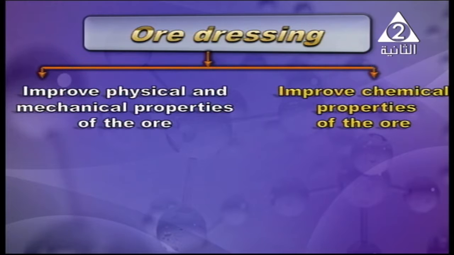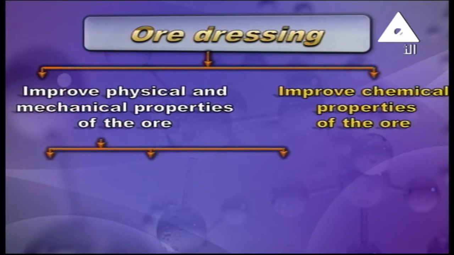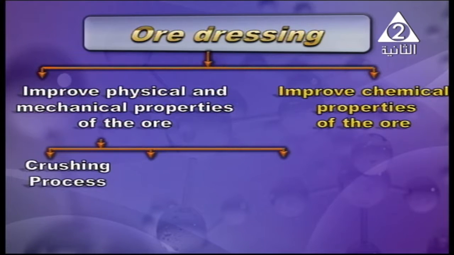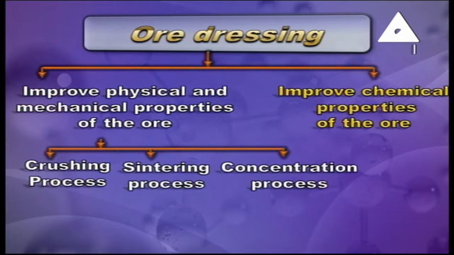This occurs by 4 processes: 3 processes for improving the physical and mechanical properties, which are crushing, sintering, and concentration, and 1 process for improving the chemical property of the ore, which is called roasting. We are going to discuss them in detail.